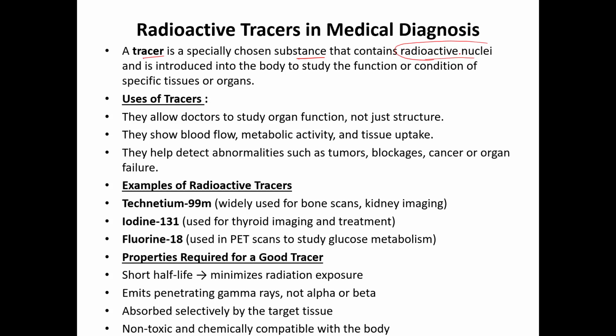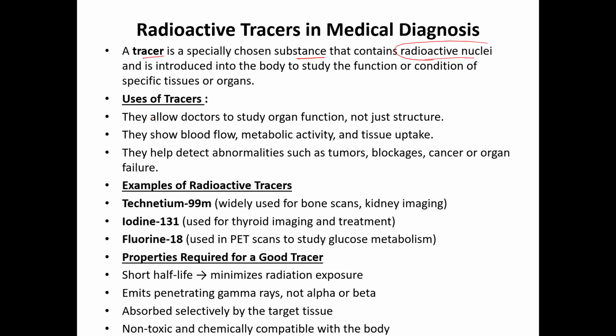When it is introduced into the body, it traces that part where a specific organ or tissue is malfunctioning or causing some problem, or where we have to diagnose the abnormality in any of the body organs or tissues. Are you understanding what a tracer means? Yes. So what are the different uses of tracers?